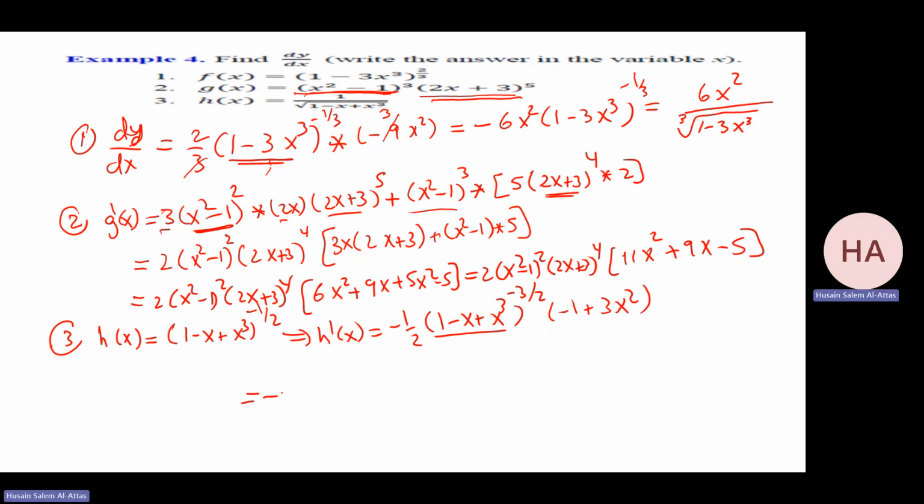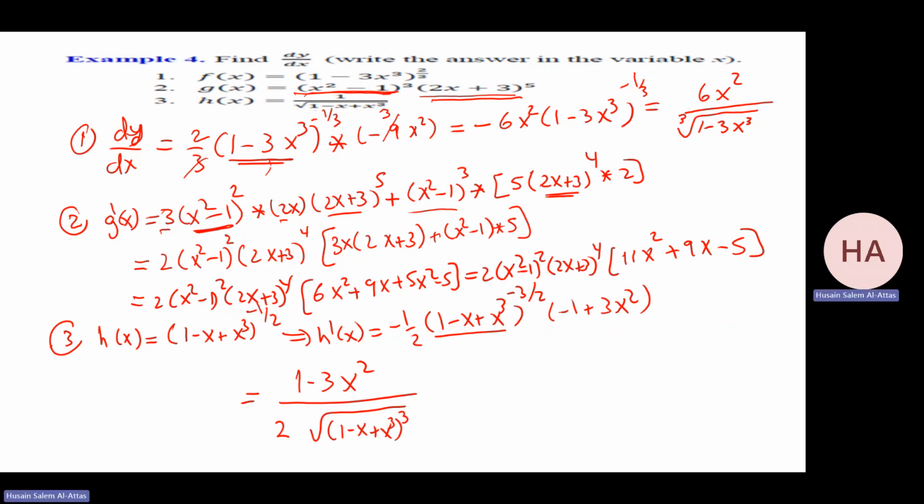That will be minus, I have minus times this, so it will be 1 minus 3x squared over 2 square root of this cubed.